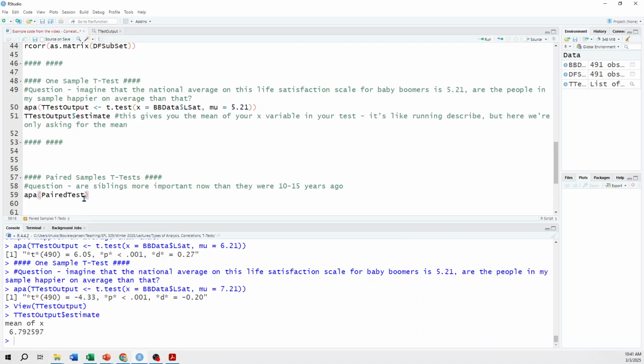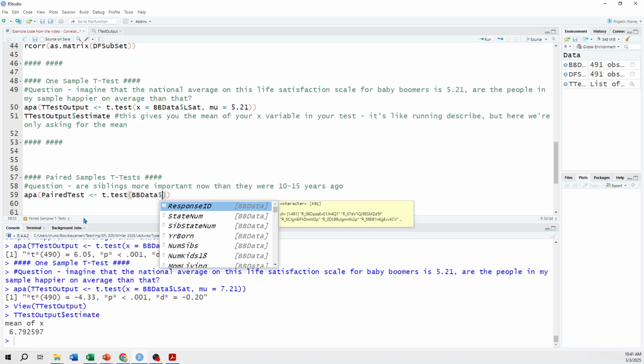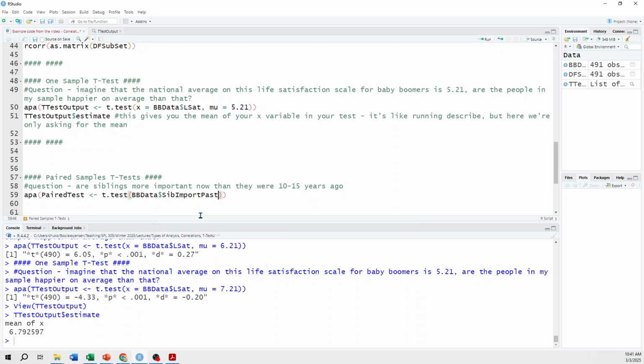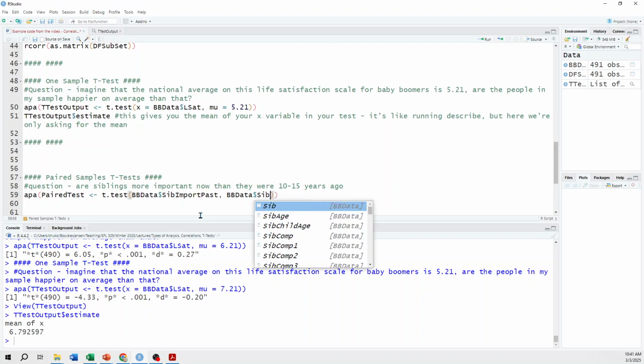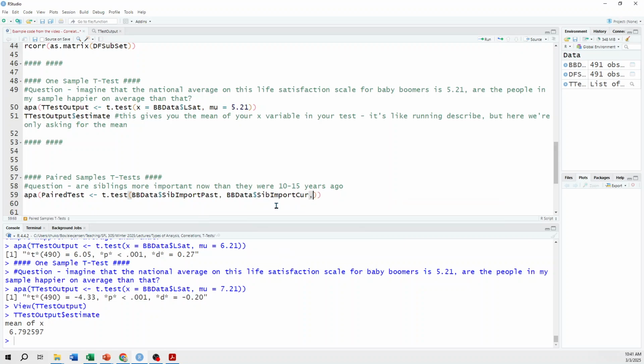Then we're going to do into and t dot test and our data frame, dollar sign, sib import past, and our second one, sib import current. And this is key, you need to see paired equals true. So we're saying, hey, this is a paired t-test. And let's run that.